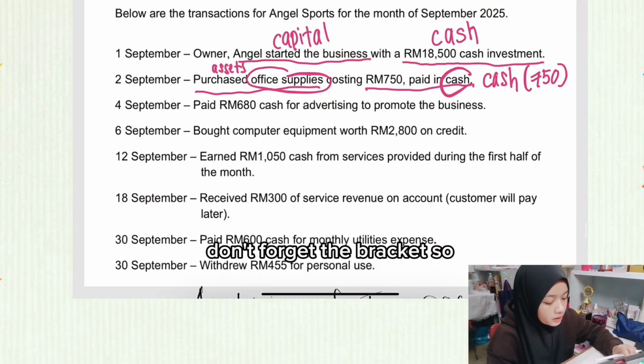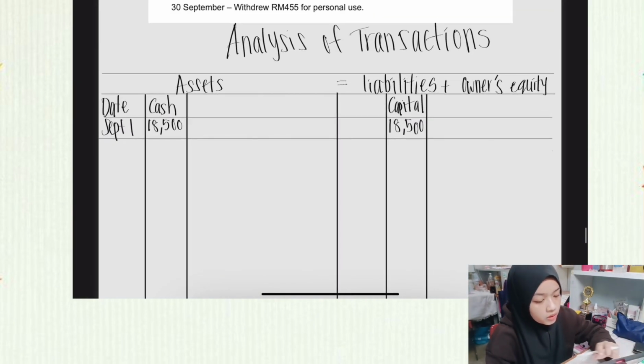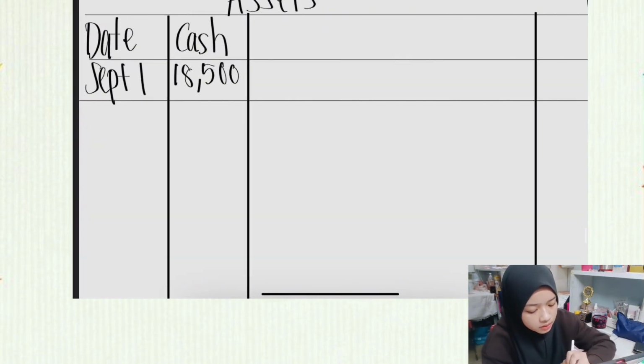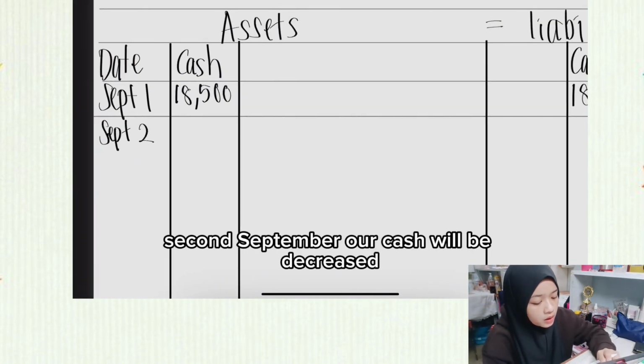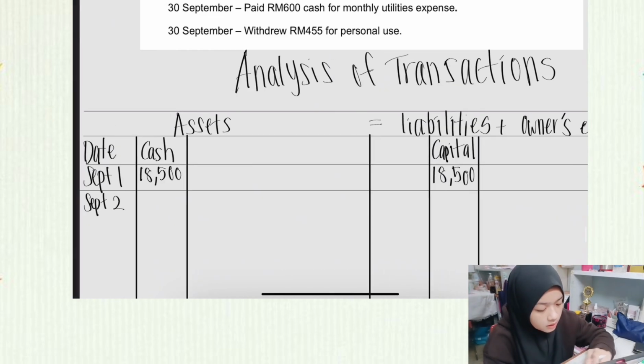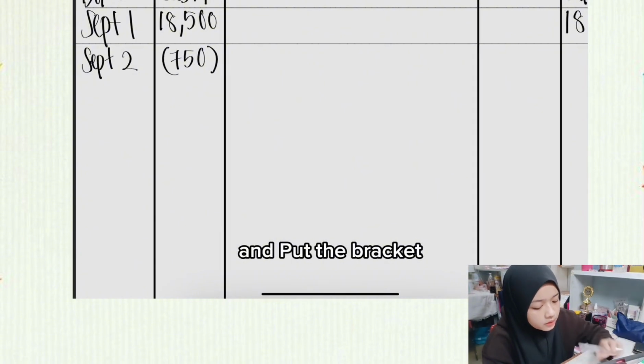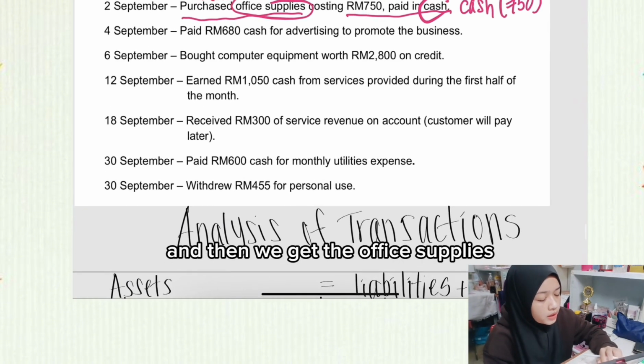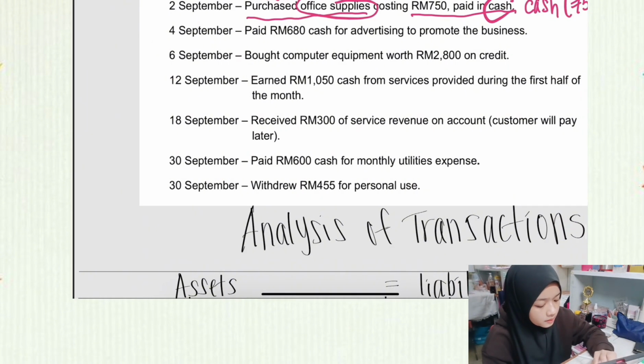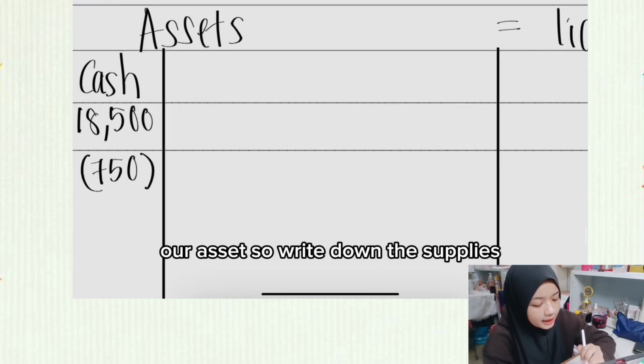Don't forget the bracket. So write down the date, 2nd September. Our cash will be decreased 750 ringgit, and put the bracket, and then we get the office supplies, our asset. So write down the supplies.